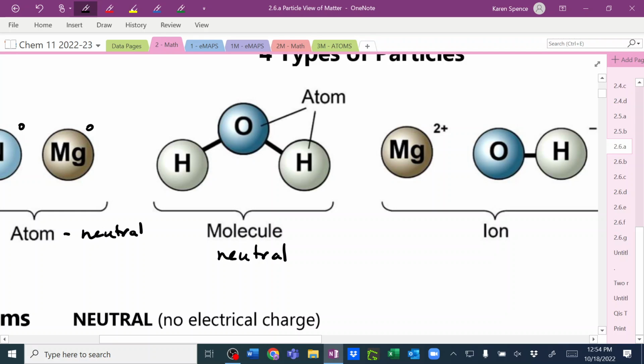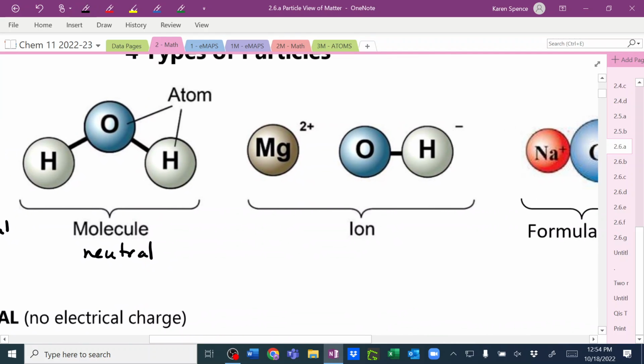And then we have some ions. Ions can be either what or what? They can either be positive, in which case they are called cations. Have we talked about how we know that cations are positive?